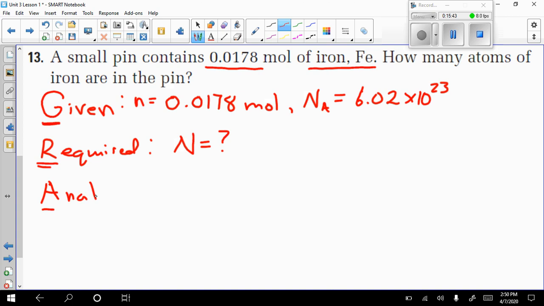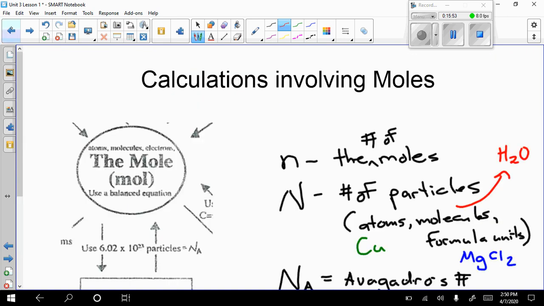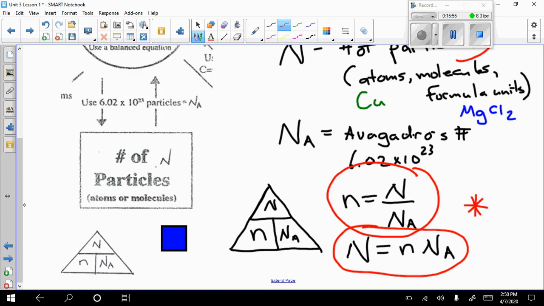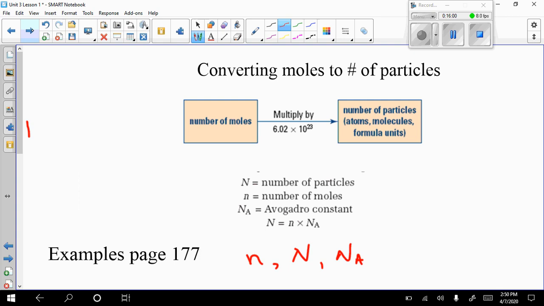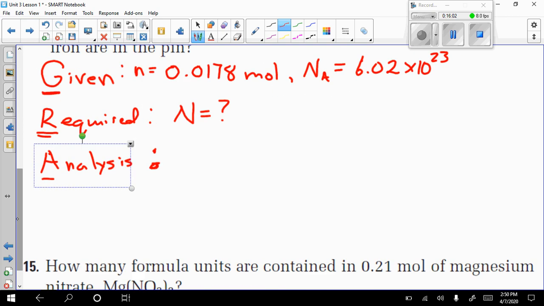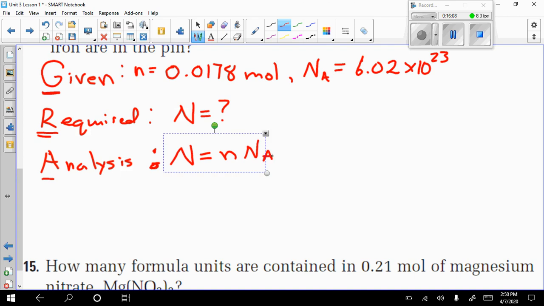It's technically short for analysis, but really it's the formula that we're going to use. And so I look back at my triangle, and I see that capital N is equal to little n times Na. Okay, so I'm going to come down here, and I'm going to write my formula. N is equal to n times Na.